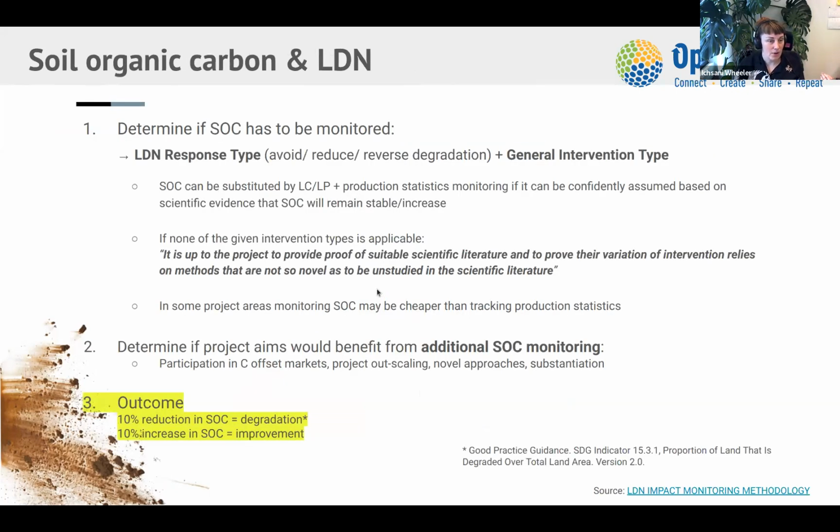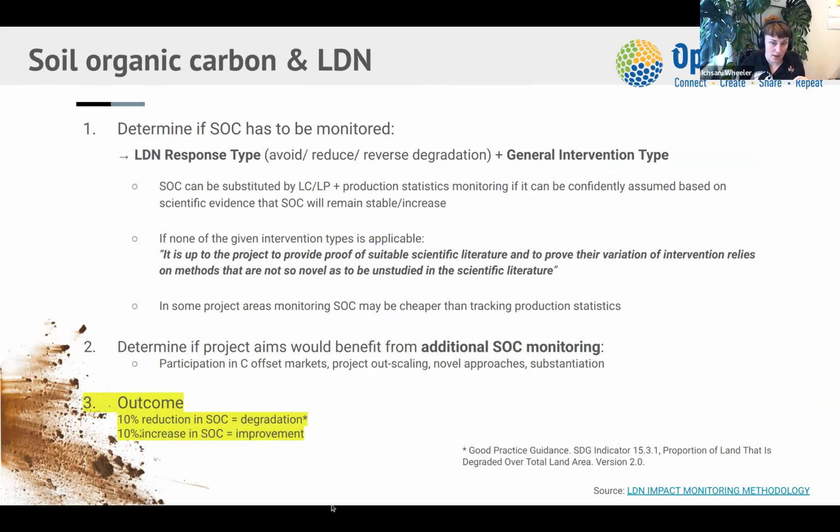The reason that I'm going through this is because what I've noticed, at an international country level and at a project level, is that there is still some detail to be worked out that is relevant also at a European level. How do you determine what is degraded, right? So here, outcomes.